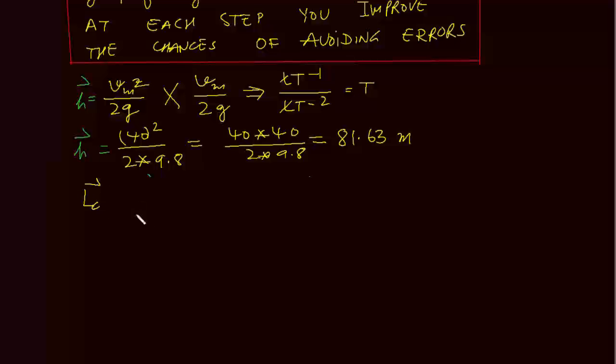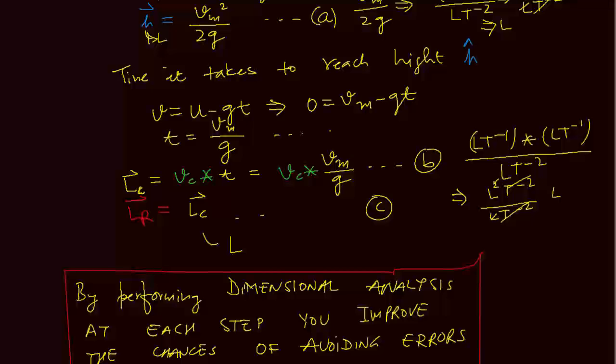And now I put the value of LC, which is the cart, and that's the velocity of the cart, and time t, which is Vm divided by g, which we got from here. Oh, I have made a mistake.